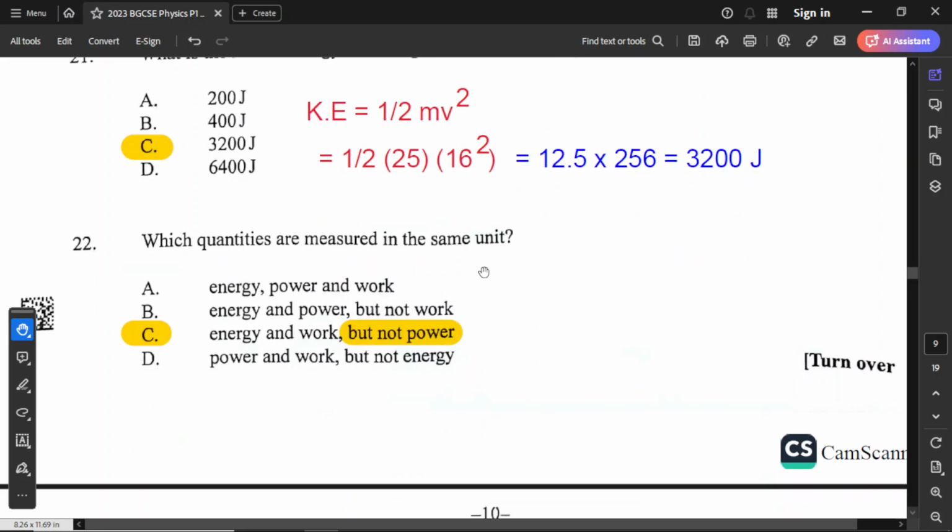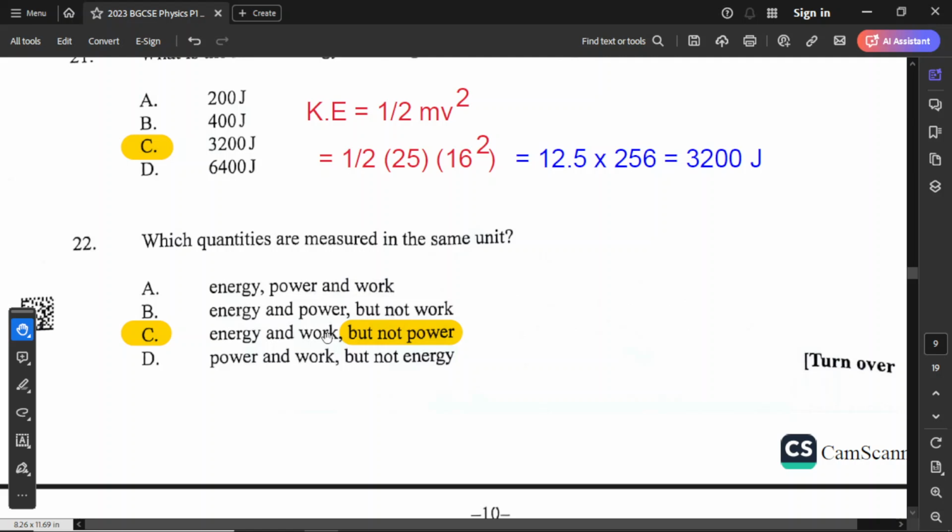For question number 22, which quantities are measured in the same unit? It said energy and work, definitely, but not power, because power is measured in watts.